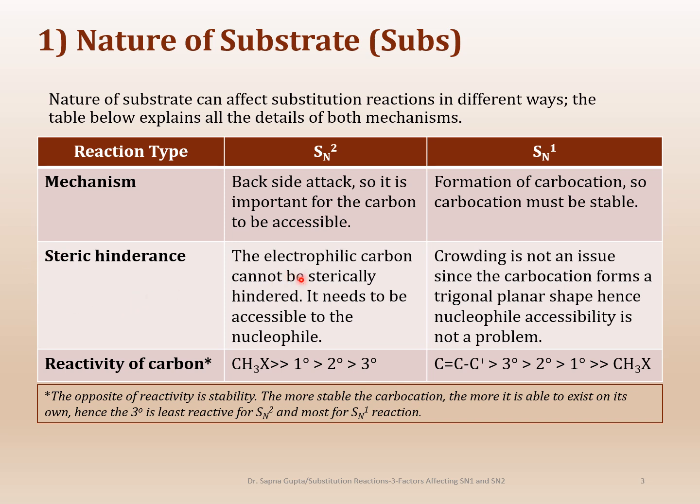Steric hindrance in SN2 becomes really important because if the carbon that needs to react with the nucleophile is not accessible, how is the reaction going to occur? It's not going to. Here crowding is not an issue, because the trigonal planar shape is there, so we don't have to worry about steric hindrance in SN1, for the most part.